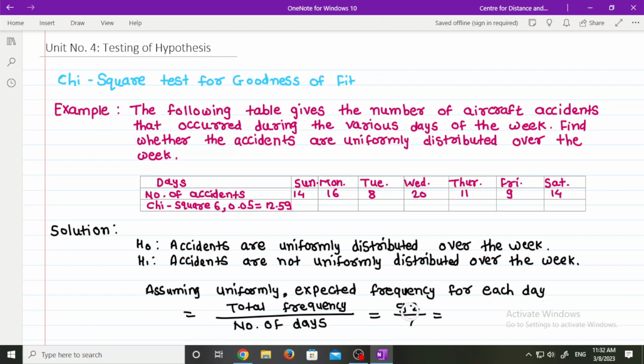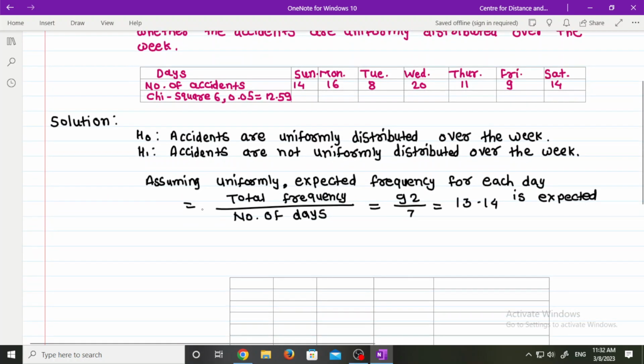When we divide 92 by 7, we get 13.14, and this is our expected value for all days.